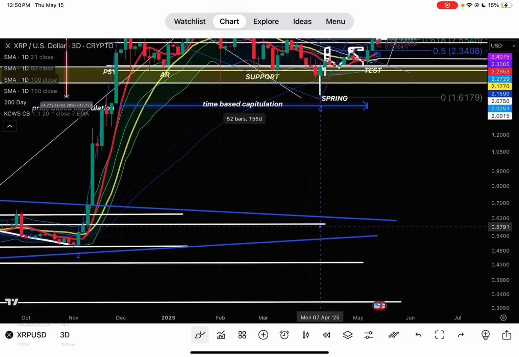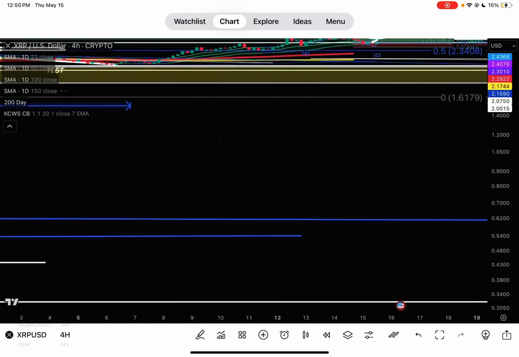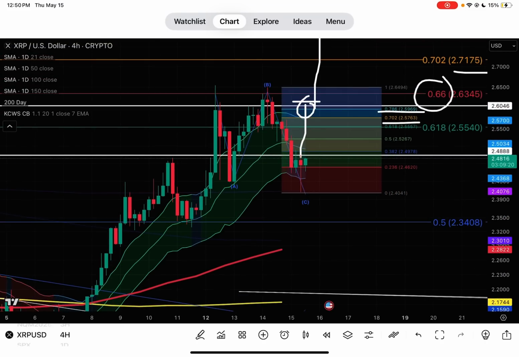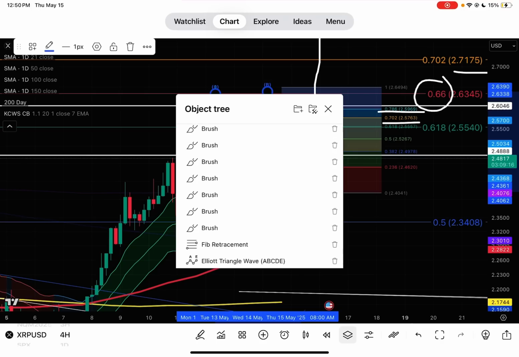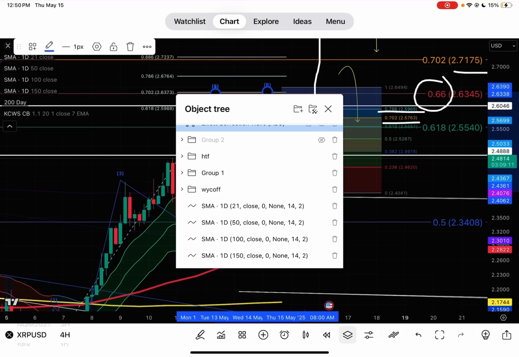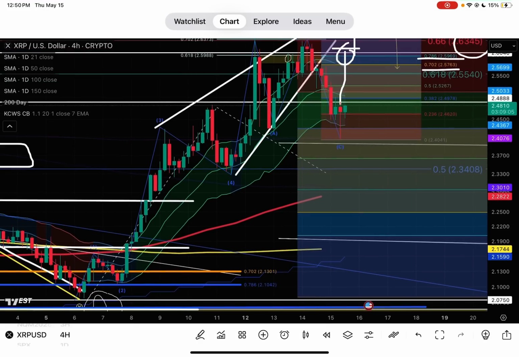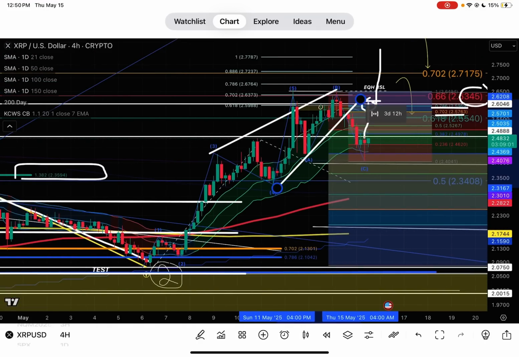Now, taking a closer look, let's go back down to the 4-hour time frame. Let's see exactly what XRP is doing. Yeah, so this could be your ABC correction in. We would just need to see a move, like I said, above 2.5763 and 2.5969. Okay? You see how we broke down from this rising wedge right over here?